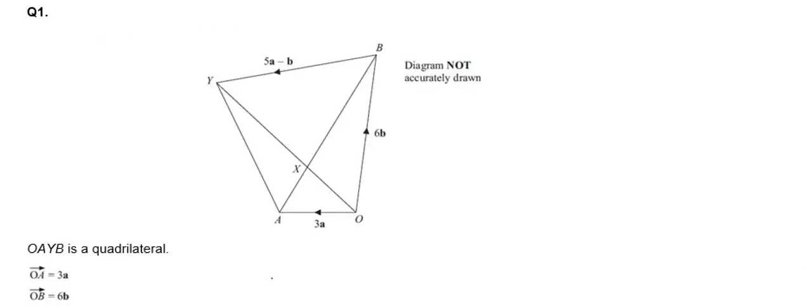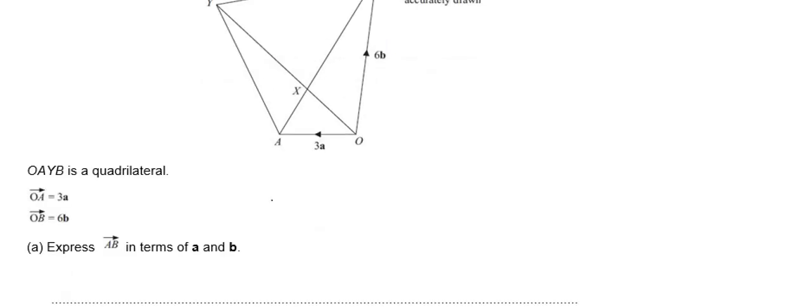OAYB is our quadrilateral. We're given two vectors, which is O to A and O to B. So those are the only ways we can move around our shape. So what we need to do is find the path between A and B. So A and B are here and here.